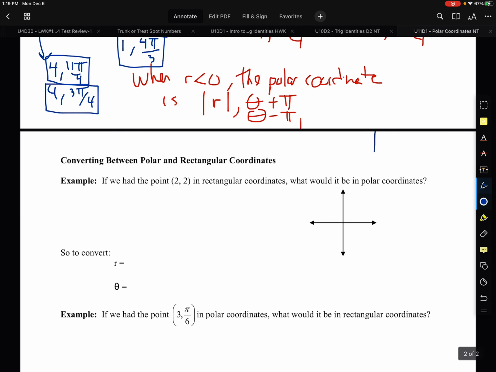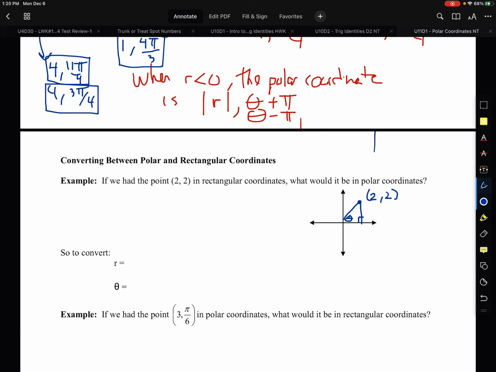All right, so talking back to the rectangular xy. If we were to graph 2 comma 2, right, there's 2 comma 2. If we wanted to find its polar coordinate, I make my triangle, like we always do, with theta there in the middle.